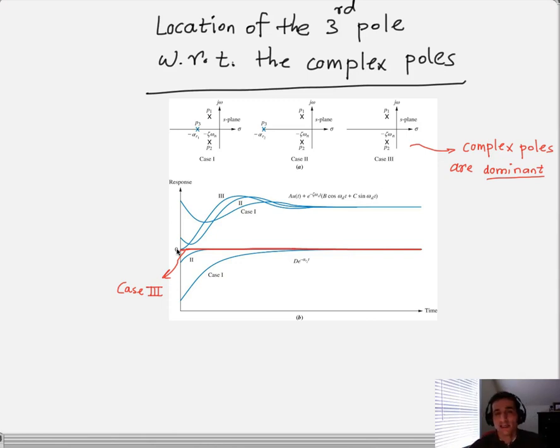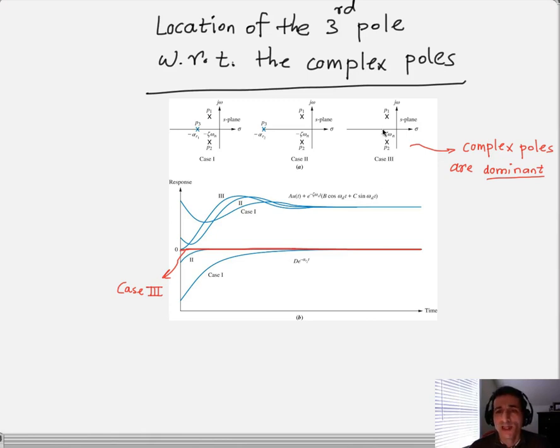And if you recall, the time constant was the inverse of the pole. So if the pole was too far from the imaginary axis, then the inverse of that number is going to be very small, and therefore your time constant is small, and hence your response is going to be very quick in terms of reaching that steady state.